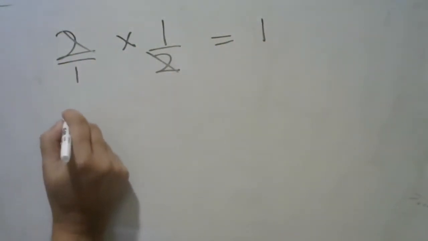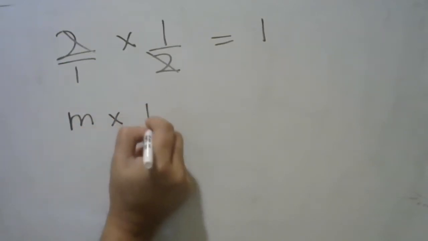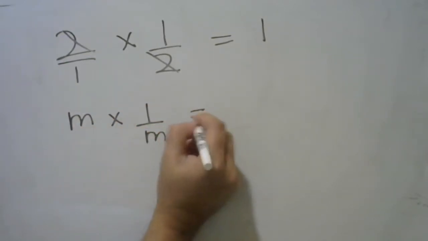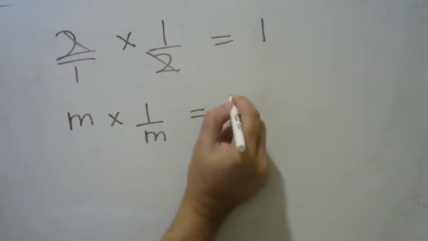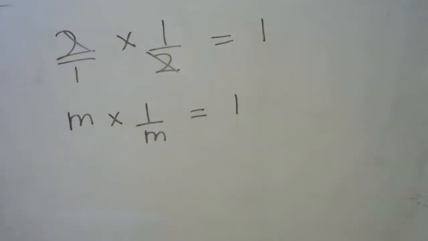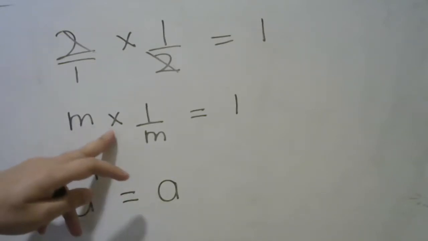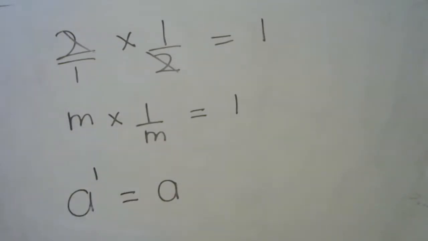So my idea is m multiplied by 1 upon m is equal to 1. Now you know this, a to the 1 is equal to a. Just hold this idea. A to the 1 is equal to a. And m times 1 upon m is equal to 1.